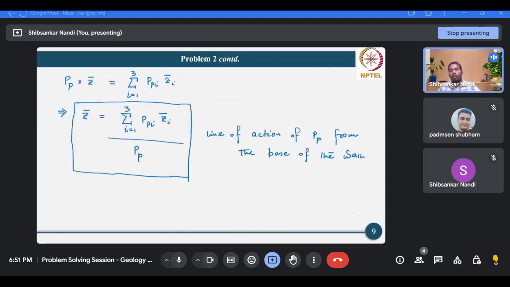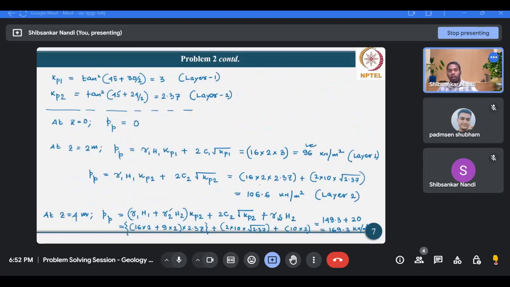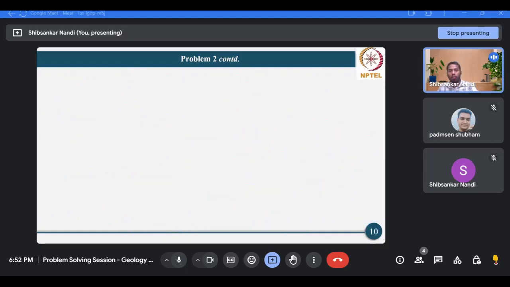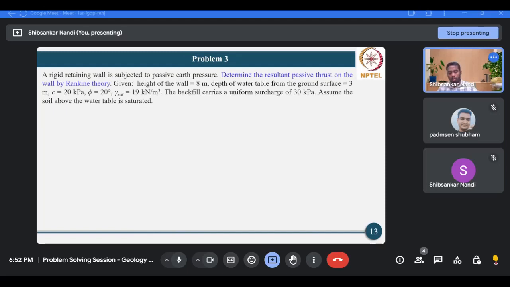Then you will get the line of action of PP from the base of the wall. Okay. So I am leaving this portion as a homework. Okay. So please solve this part. Okay. Now if it is fine, we'll move on to the next problem.